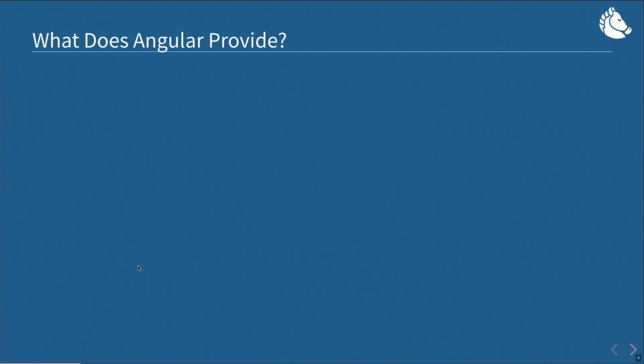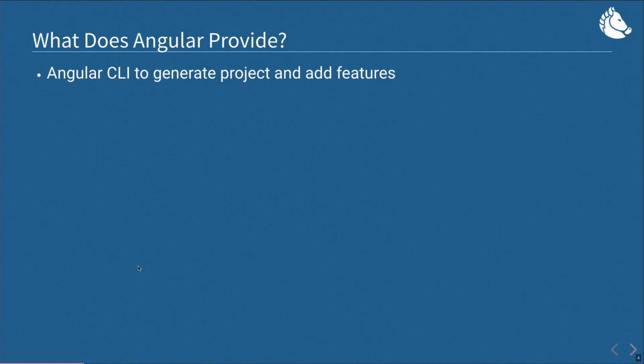So what does Angular bring to the table? What does it provide? So it has a command line interface. I believe all three of these environments do. Angular is pretty advanced. You can use it to generate a new project. You can also use it to add features to your project after it's generated.